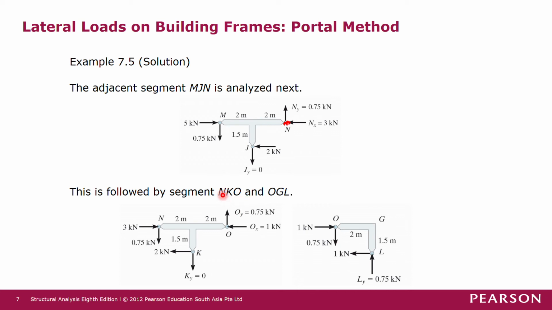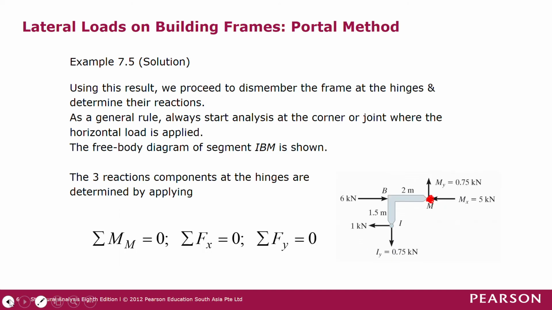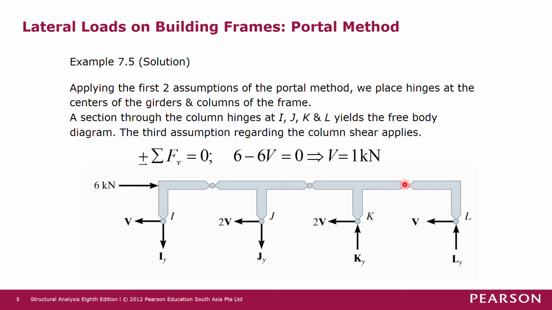So similarly, using the three equilibrium equations, you may solve for Ox, Oy, and Ky, and after that, this joint O is the common joint, this joint O is common to this and this.